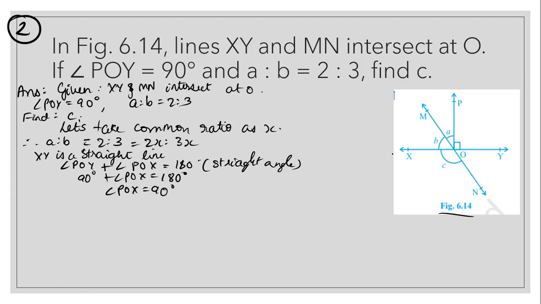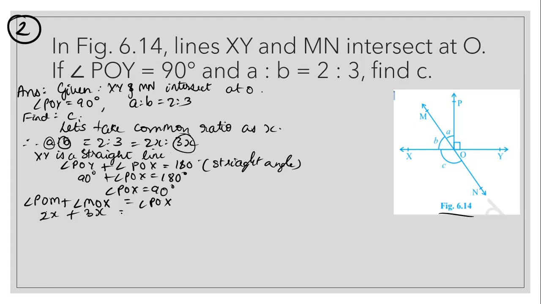Now if we have to split angle POX, that will be nothing but angle POM plus angle MOX, correct? Which is equal to angle POX. So what is angle POM actually? That is nothing but our angle A, and here our angle A is 2x, right? Plus angle MOX, which is nothing but B, and that is nothing but 3x.